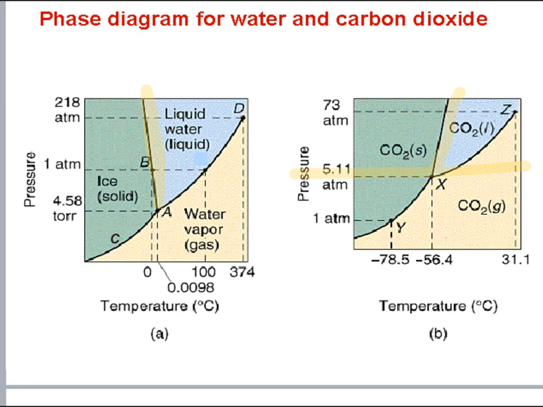That's going to explain why at 1 atm, which is called normal pressure, the pressure at normal sea level on Earth, you're going straight between solid and gas. Whereas if you look at 1 atm for liquid water, you're going from the solid to the liquid first. So you've got two different phase changes happening at the same pressure. It all depends on the phase diagram for the specific substance.